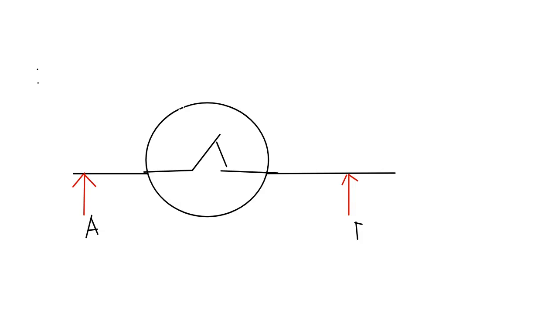Because I know how much current is flowing from A to B, to measure the resistance I have to measure the voltage drop across that contact. Now the voltage drop should be taken inside point A and point B, not outside.